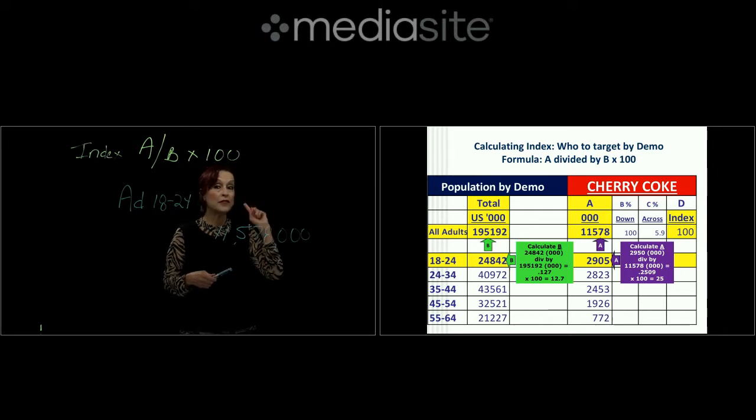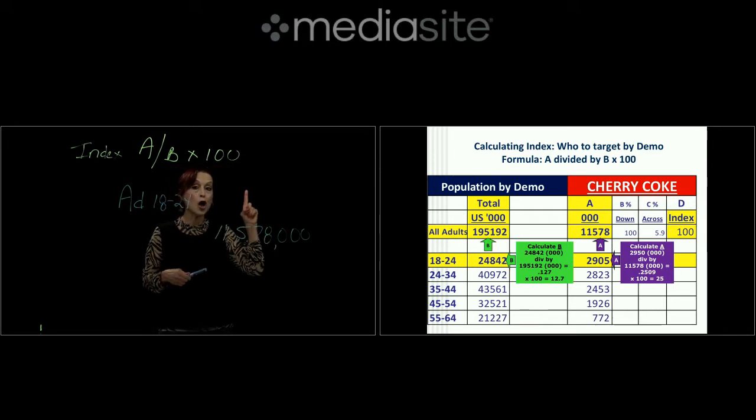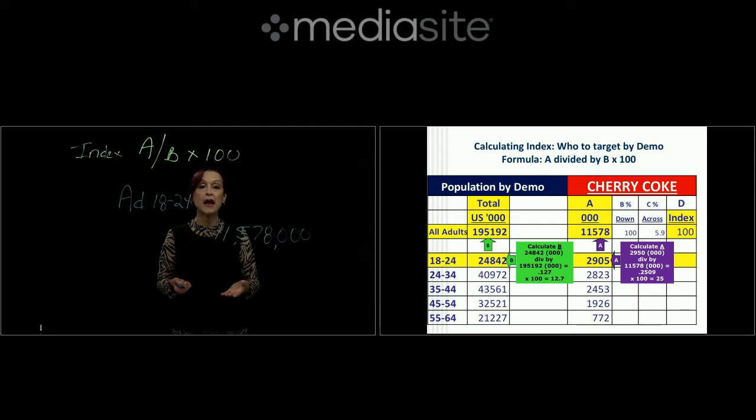If you see the 3 zeros at the top of the column, it means that they have been taken out, but the number is in the millions. Now let's look at how many total adults 18 to 24, which is our demo, drink cherry Coke. The number, if you look at the chart, is 2,905,000 people, adults 18 to 24, that drink cherry Coke.